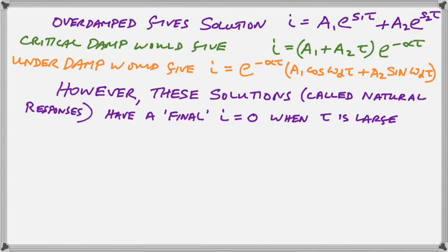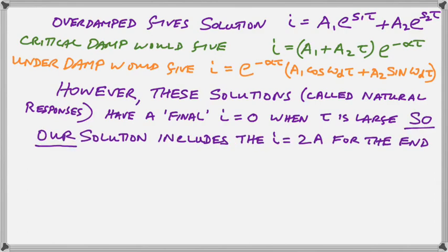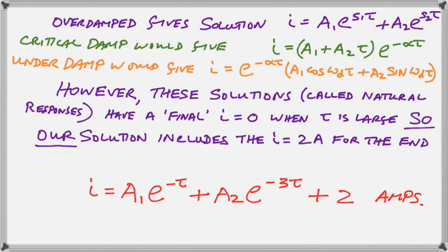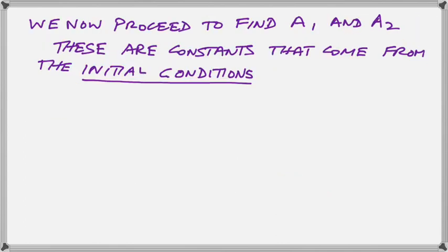We calculated what our final result was at the beginning when we calculated our initial and final conditions. Our solution has to end up with I equal to 2 amps at the end. So the best way to do that is simply to add the 2. That way, when the first 2 natural response members become 0, our I will be 2 at the final state, which is what we so desperately want.